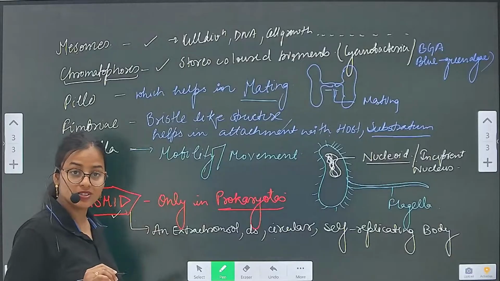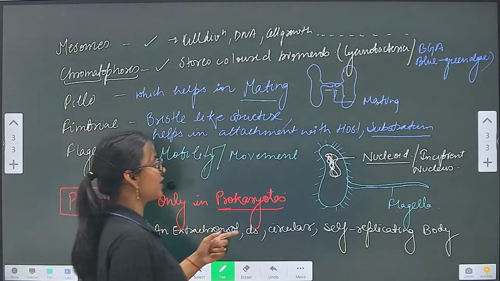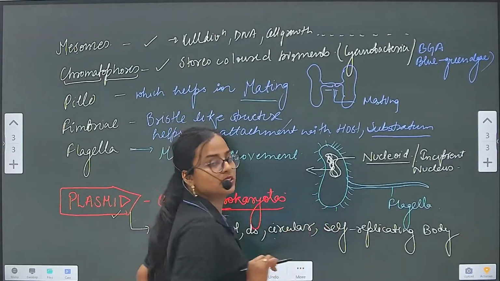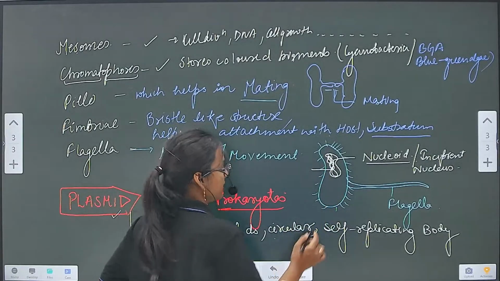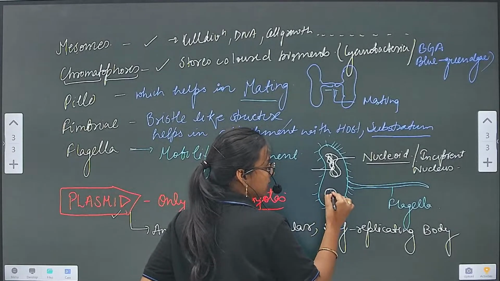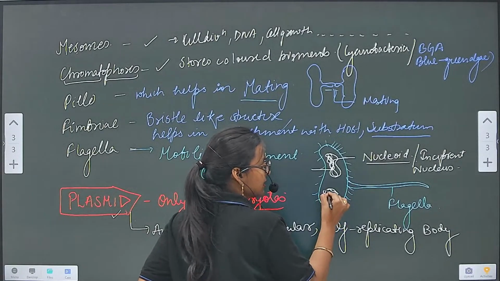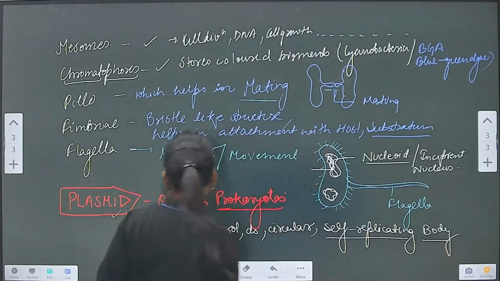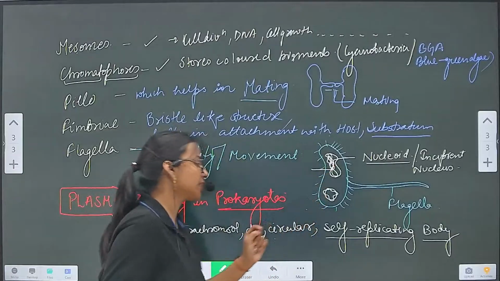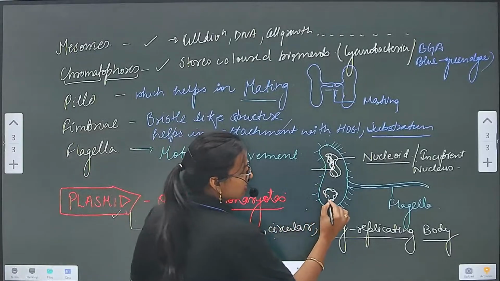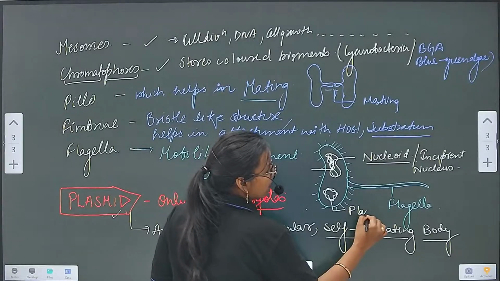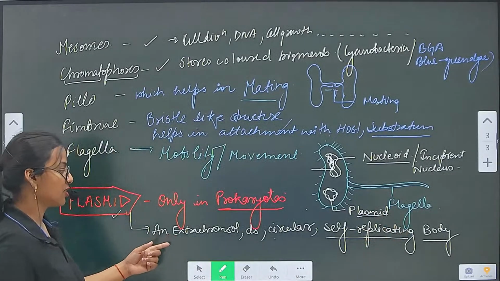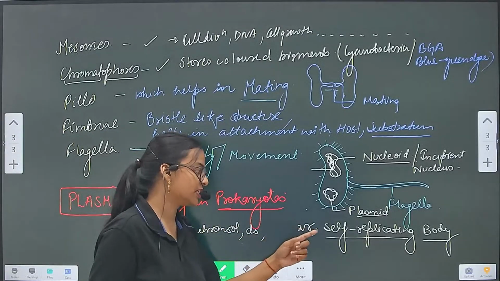So how does it look? See, it is extra chromosomal. Why do we call it extra chromosomal? Because it is apart from this. Here the structure is circular, double-stranded, a self-replicating body found in the cytoplasm of prokaryotes only, called the plasmid.